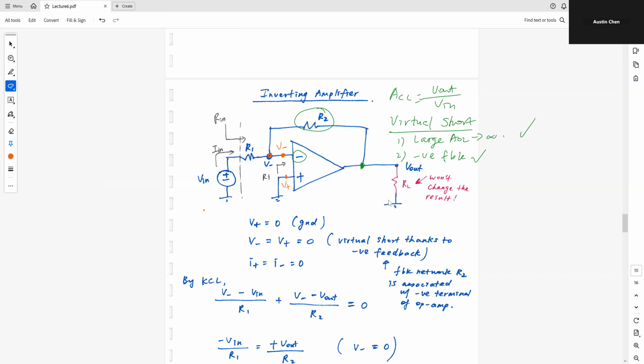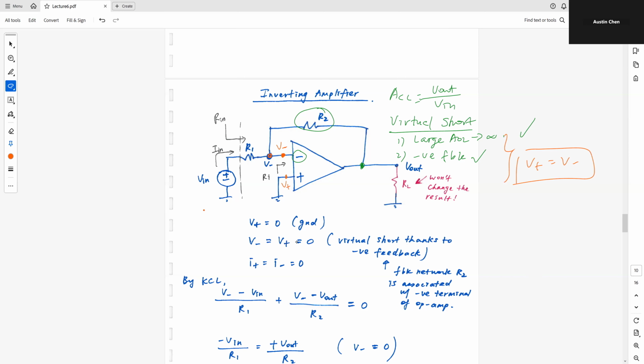Now by making use of the virtual short, I can say that V minus, which is over here, is equal to V plus. Remember, virtual short tells you that V plus is equal to V minus. So that's what we concluded based on this virtual short property.